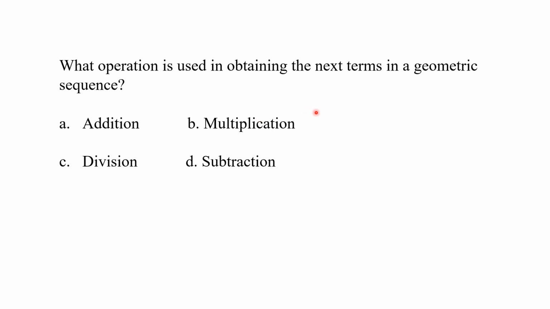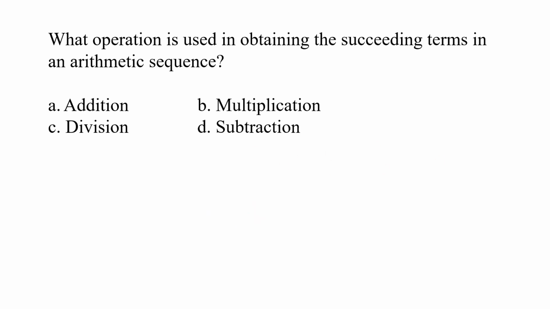So therefore, the correct answer is multiplication, and that is letter B. Next, what operation is used in obtaining the succeeding term in an arithmetic sequence? Addition, multiplication, division, or subtraction? Of course, the answer is letter A. In order to find the next term in an arithmetic sequence, we add the common difference. So therefore, the answer is letter A.